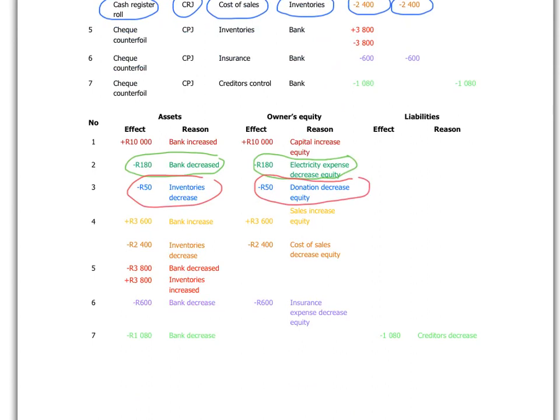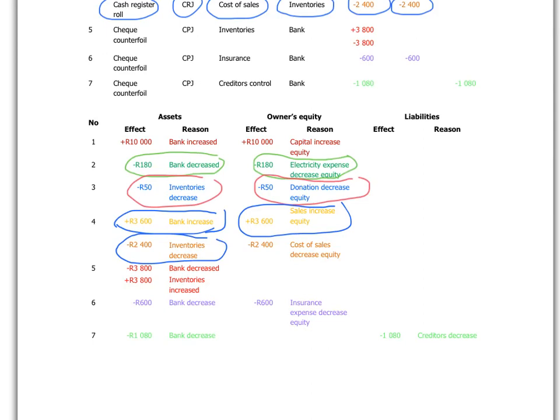This means that the bank account is debited because we increased the bank with 3,600, so my assets increase with 3,600. Sales is an income, so my profits and equity increase with 3,600. Inventories decrease because we reduced the inventories when we sold some of it, so my assets decrease with 2,400.